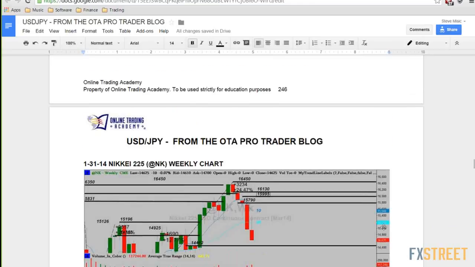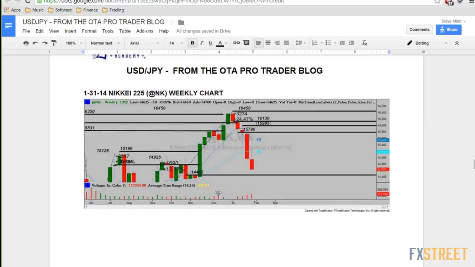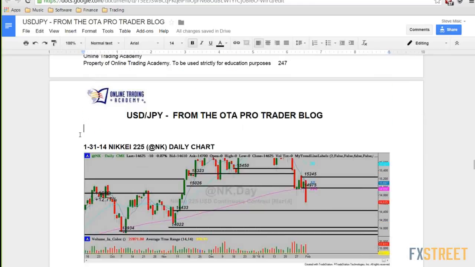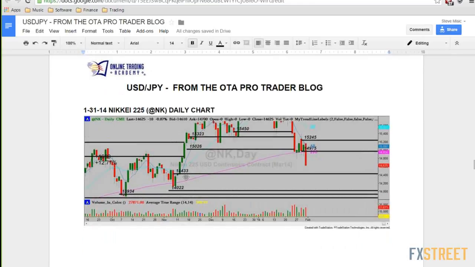Notice that our Nikkei 225 now has fallen all the way from 16,450 to around 14,460. So the Nikkei is still weak at the end of January of this year. And the Nikkei on the daily chart also is falling towards areas of demand at around 14,433. Now notice I've already fallen from this area at 14,975.